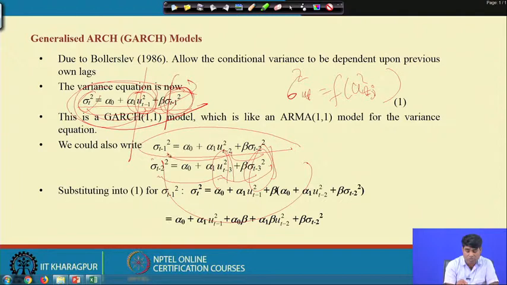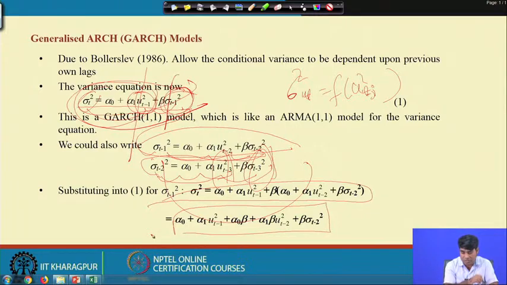If sigma squared t minus 1 starts varying like this, and again sigma squared t minus 2 varies like this, then by default first you can put sigma squared t minus 2 here, and again sigma squared t minus 1 will be put here, and then finally if you simplify, the whole equation will come in this format. That is the final simplification with respect to the first equation, where sigma squared t equals alpha 0 plus alpha 1 u squared t minus 1 plus beta sigma squared t minus 1.